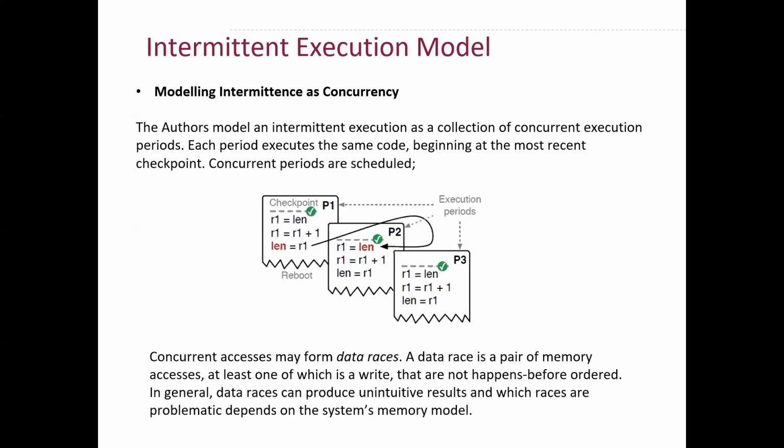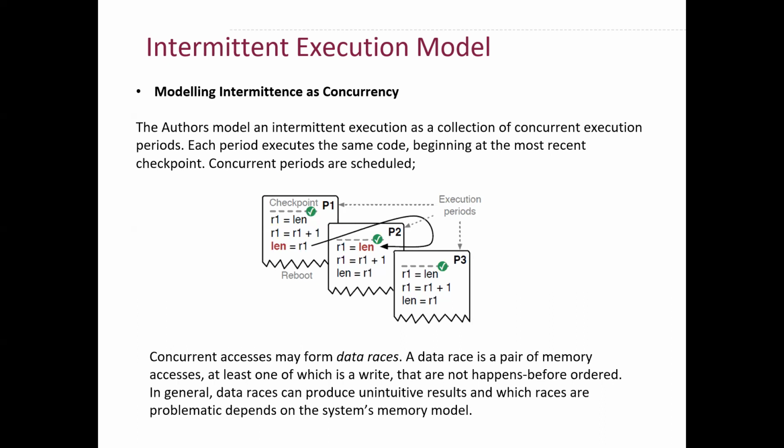One of their arguments in this paper is that they're trying to model intermittence as concurrency. So when we talk of intermittence as concurrency, let's say we take this example. Each period executes the same code beginning at the most recent checkpoint.